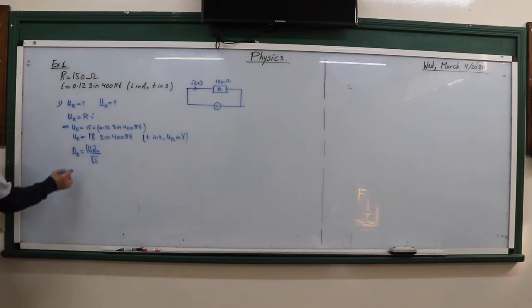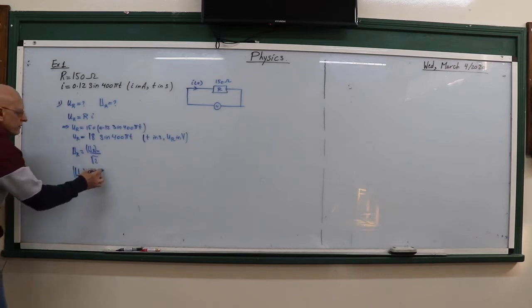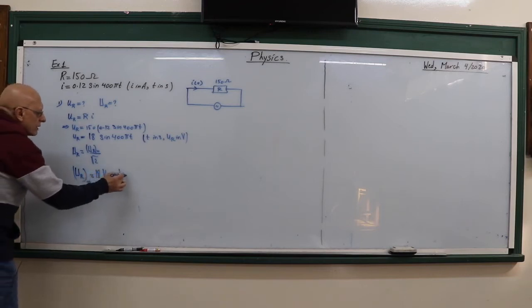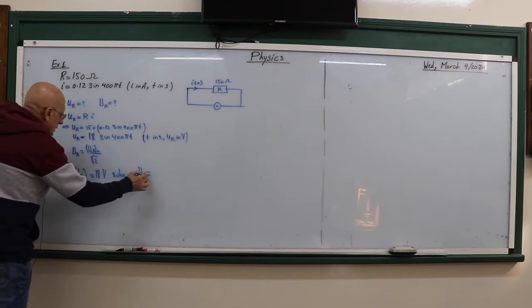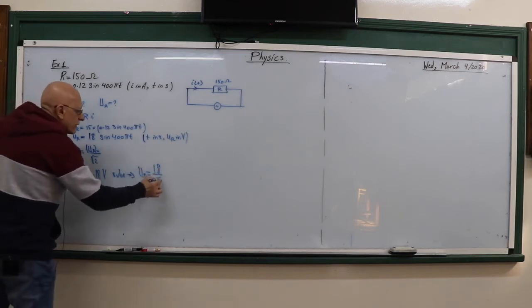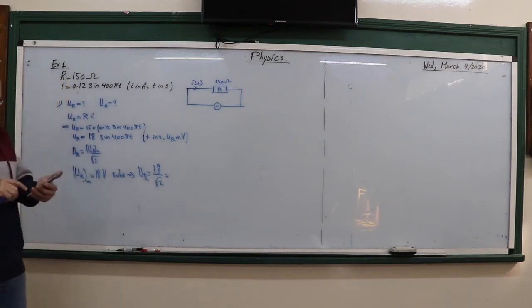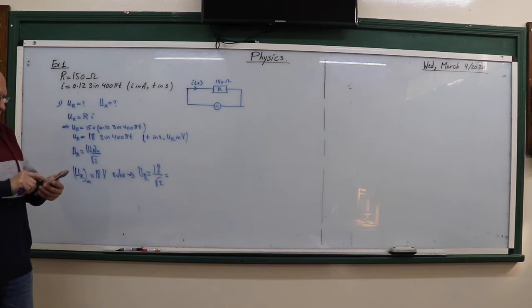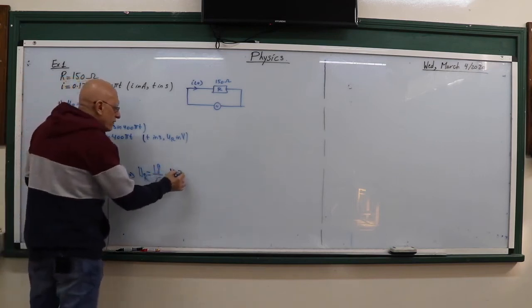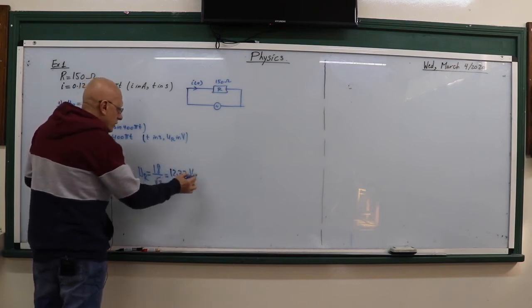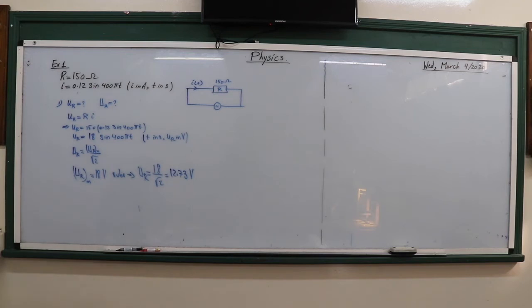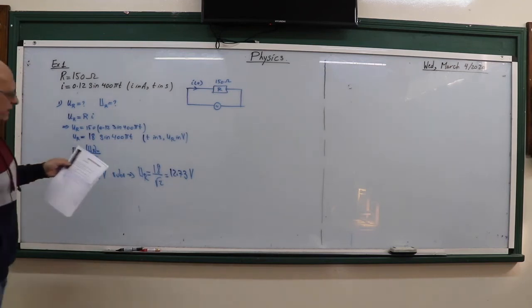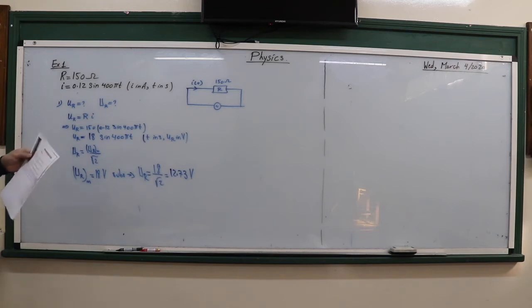So UR maximum is equal to 18 volt. Substitute, this implies UR is equal 18 over radical 2, which gives 12.73 volt.